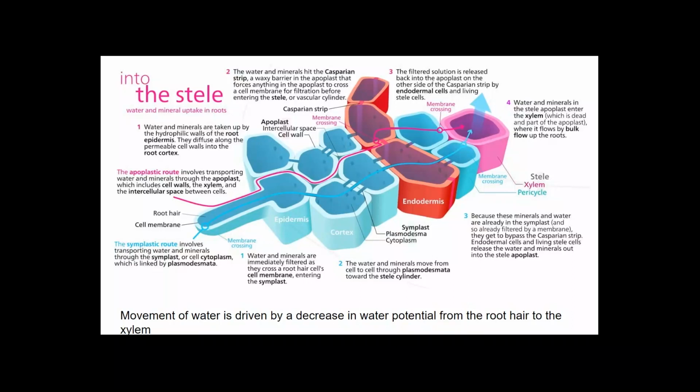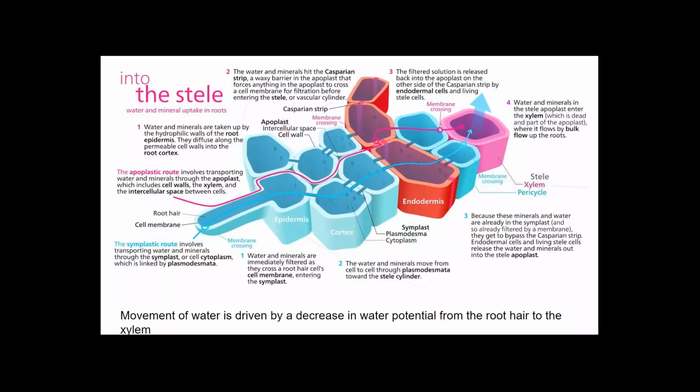And endodermal cells and the living stelar cells release water and minerals out into the apoplast. And then the minerals hit the Casparian strip in the apoplast, which forces anything in the apoplast across a cell membrane for filtration before entering the stele, or vascular cylinder.